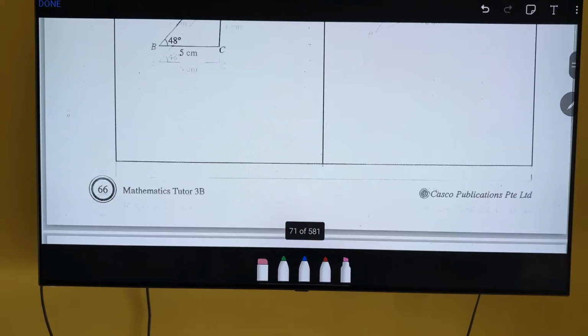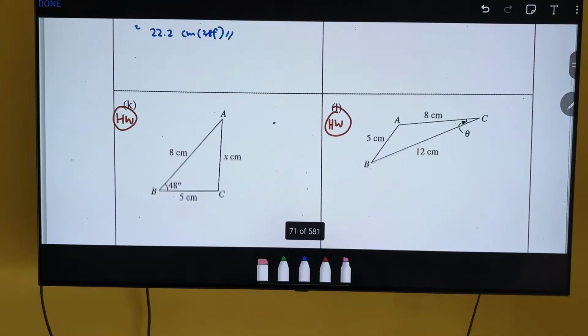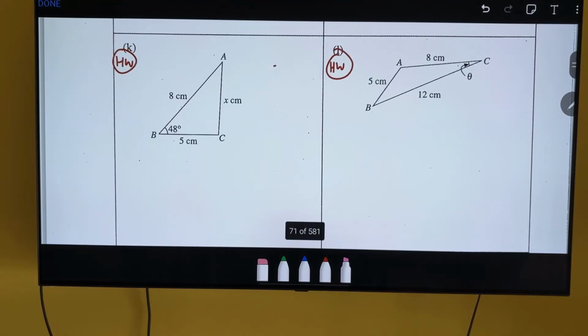If we do a little backtrack, I would think that it might be worth our time looking into question L together. Okay, I will remove the homework sign here. Let's do this together, because why? This question requires us not to find a missing length, but a missing angle.